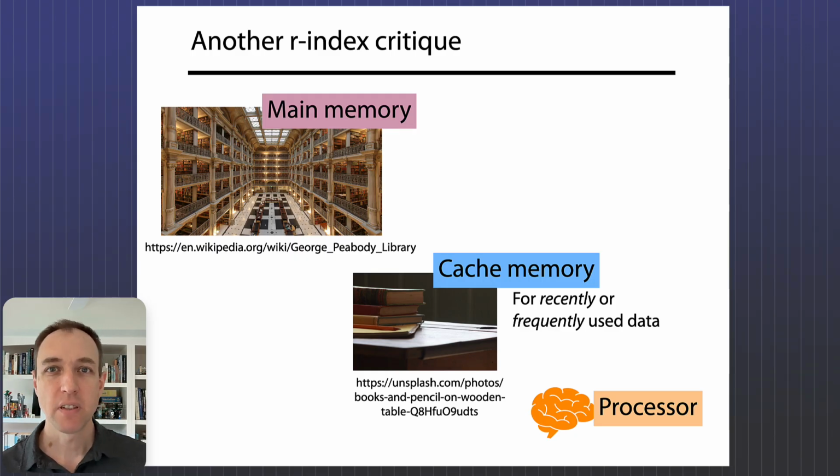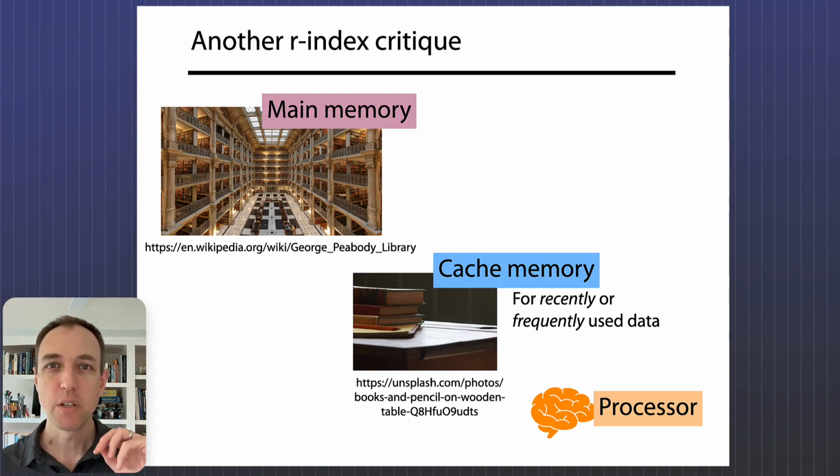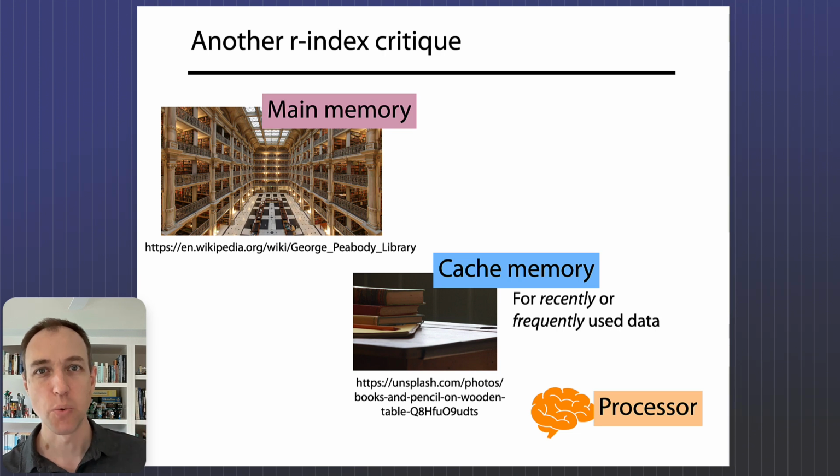It would have to live in memory, right? And if the data structure was much bigger than that, it might even have to live on disk or a solid state disk or something like that. But usually we manage to build pangenome indexes that we can fit into physical RAM. But they don't fit in the closer levels of the memory hierarchy. They don't fit in the cache.